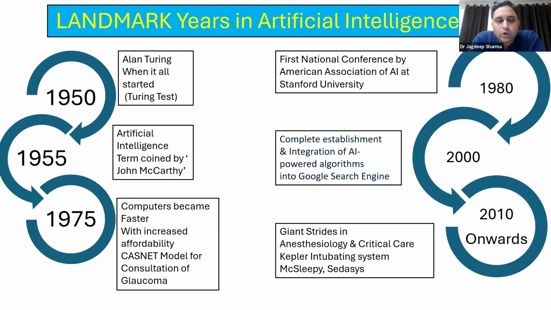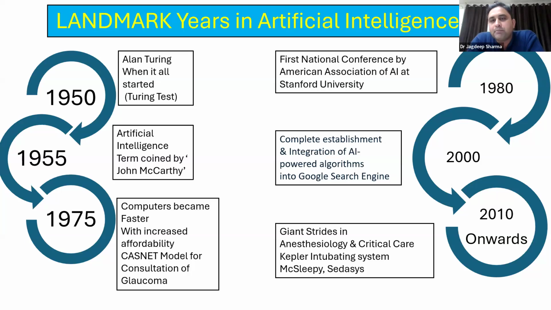The first prototype for that was the CASNet model for digital consultation of glaucoma. In 1980, the first national conference was held by the American Association of Artificial Intelligence at Stanford University.